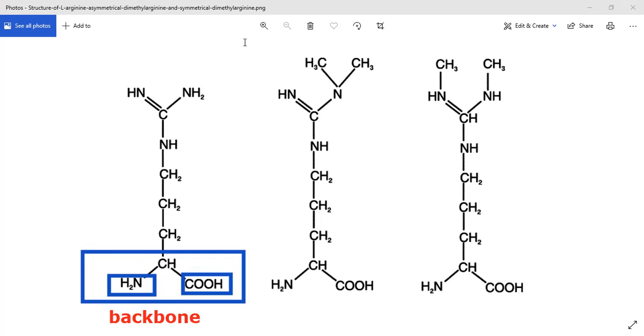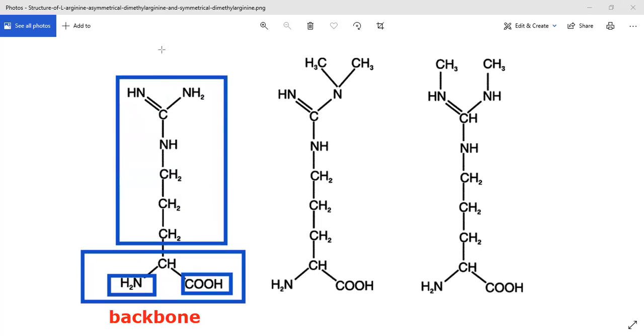What is this? Side chain. Agree? Yes, sir. In the side chain, I want to highlight this one.